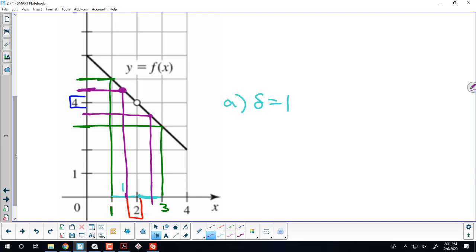That's the biggest problem I see on the exam: people have the correct window, but they're always counting over from the wrong number. So you just want to make sure that's totally clear. From 2 to 2.5, or from 2 to 1.5, still 0.5. So in part B, delta has to be 1/2, or 0.5.